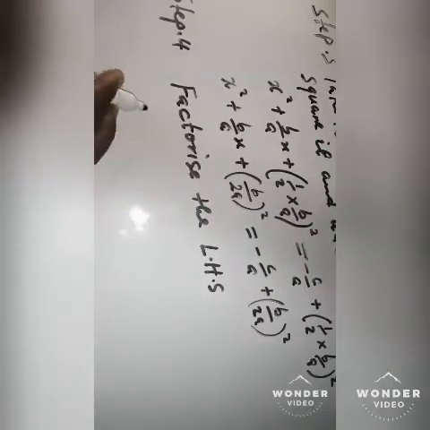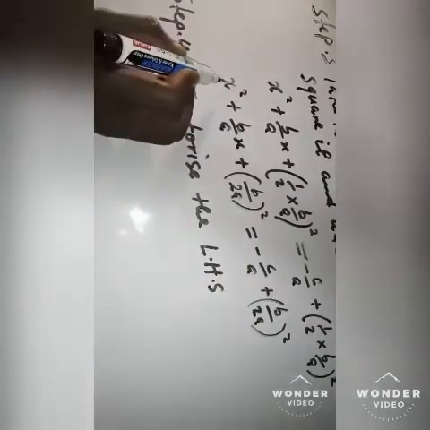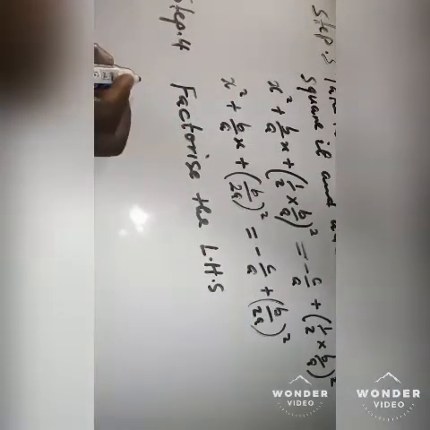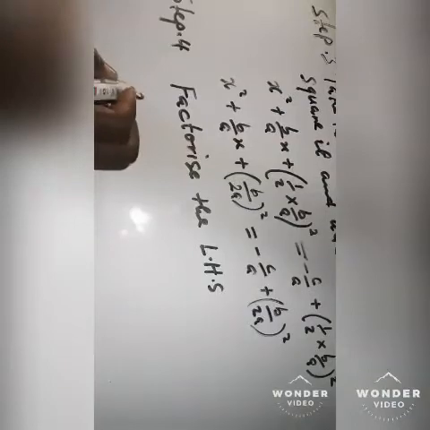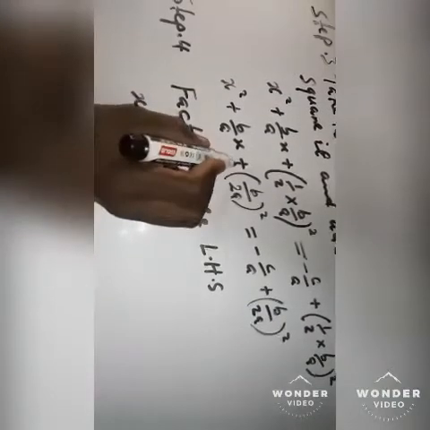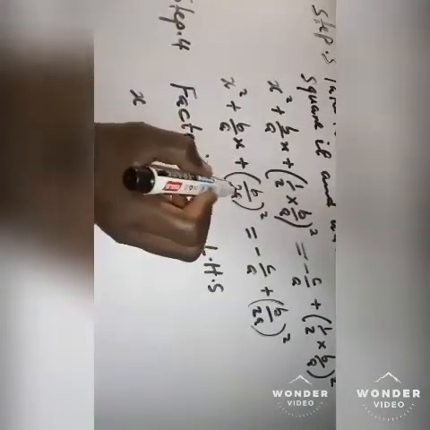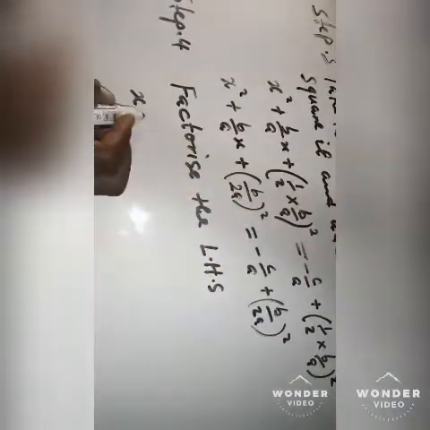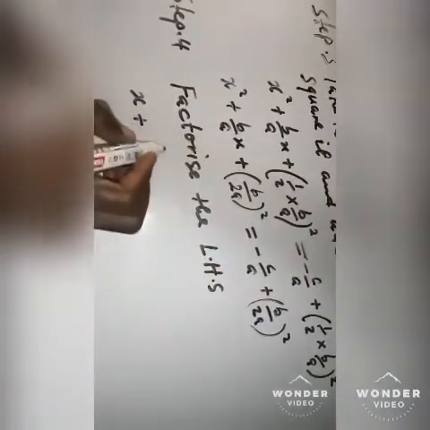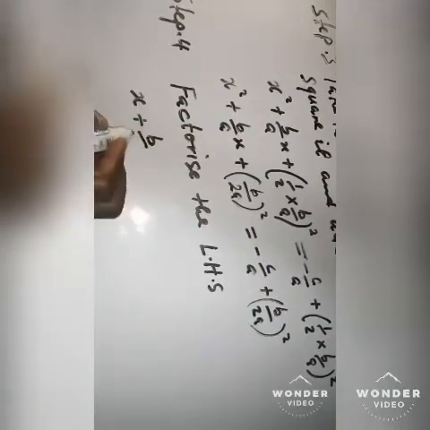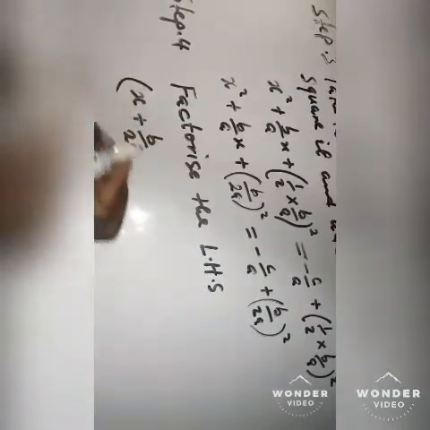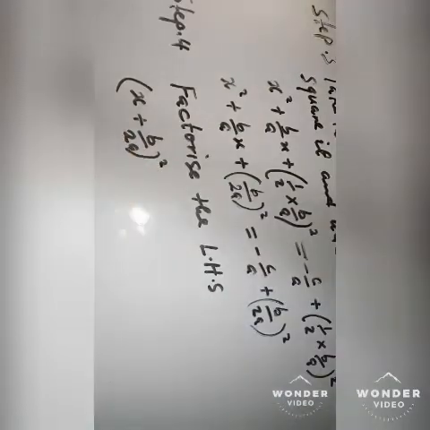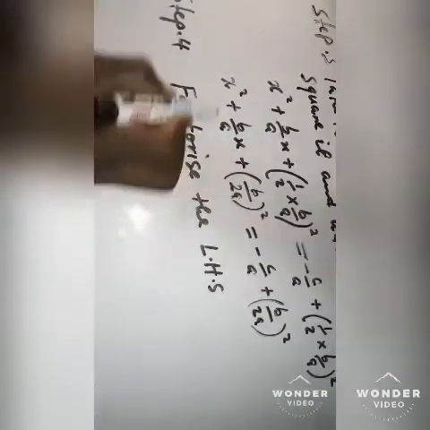The only thing you are going to consider here is the first term, which is x. You take it. Then the last term, which is b all over 2a, take the contents. Forget about the square. So you have x plus b all over 2a, all squared. This is the factorization of this entirely.